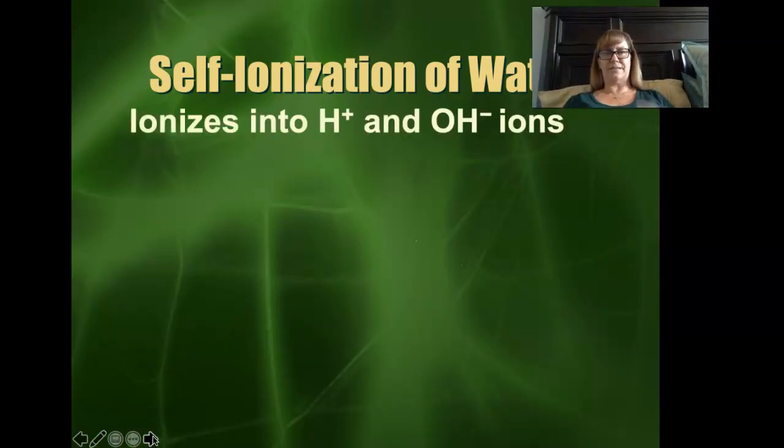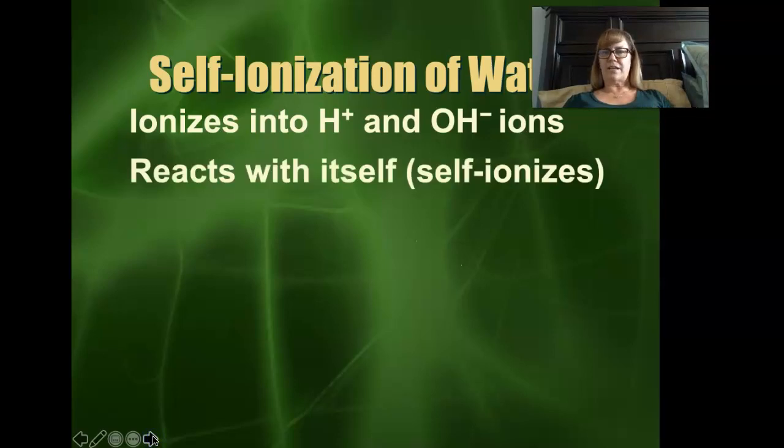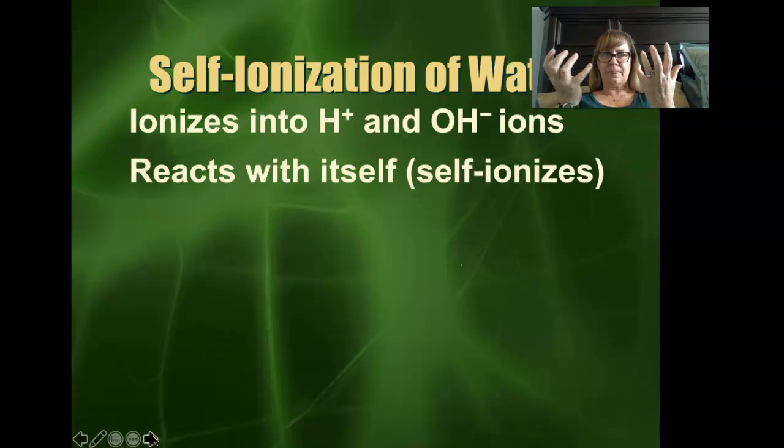So if we look at this, a self-ionization of water just means that it ionizes into those two ions, as I said. But here's the key: it reacts with itself. So that means that if you have two molecules of water, one molecule of water will pull off the hydrogen ion from the other. So now this is an H3O molecule.